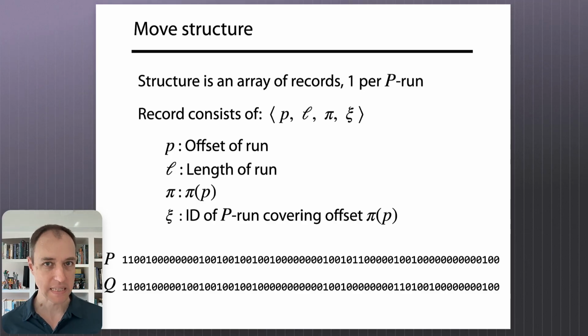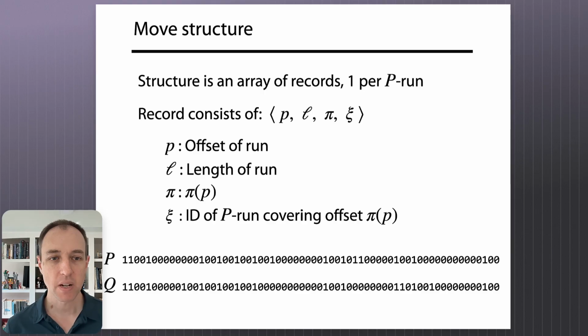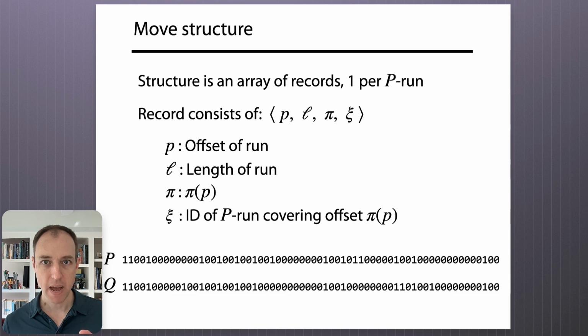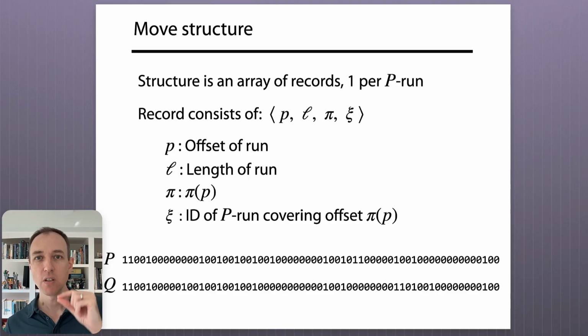I'm going to pronounce it xi. All right, so we have a column called xi, and xi is holding what I'm calling the ID of the p run that covers this offset. Right? So in other words, that pi field is where does my run head map as an offset? This is asking the question, which of the p runs is the run that contains that offset?